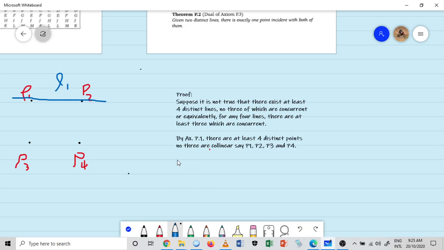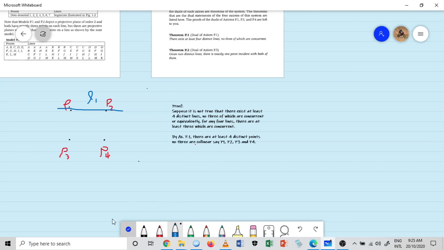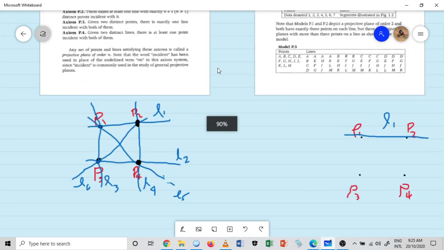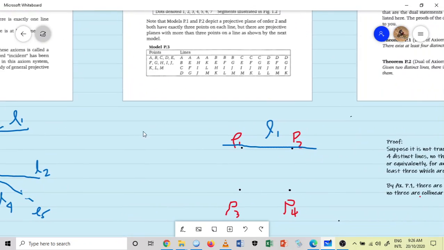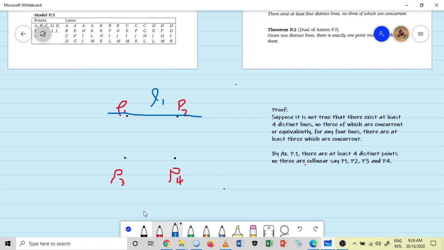And then by one of the axioms, for every two distinct points there is exactly one line. So every pair of points is contained by exactly one line. So there must be a line also that contains P3 and P4. Let us call this L2.